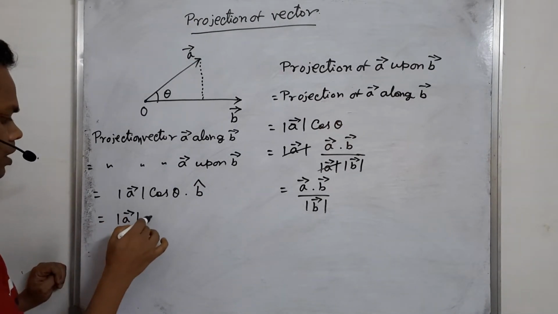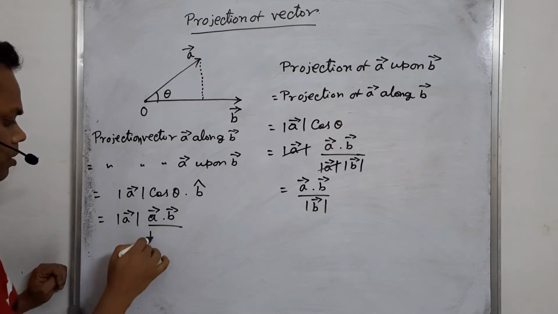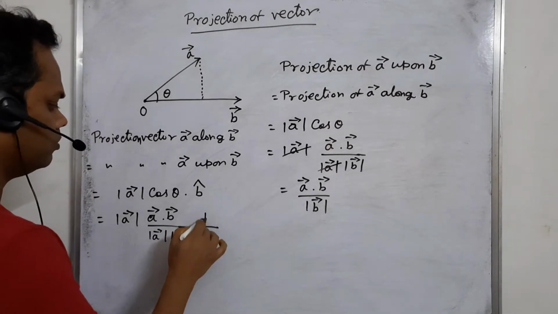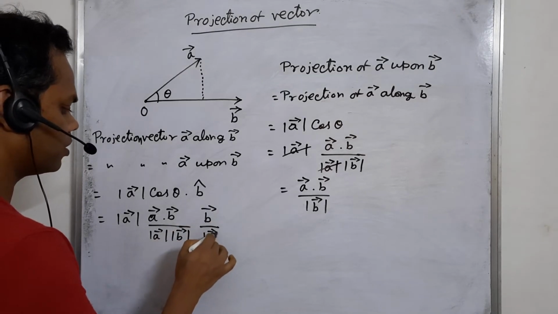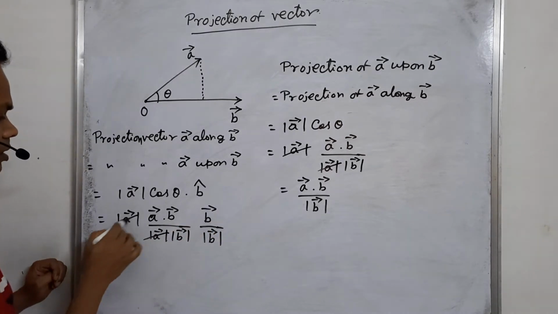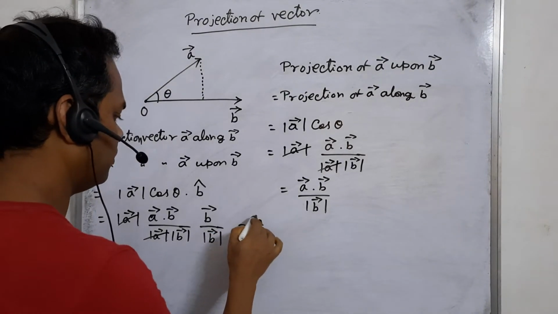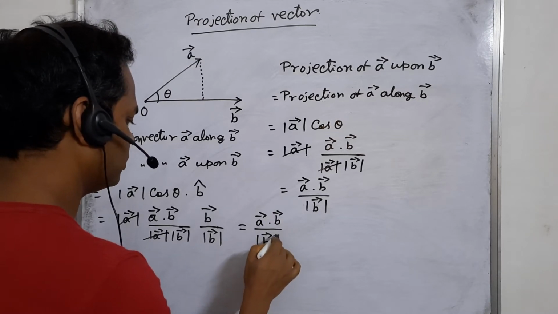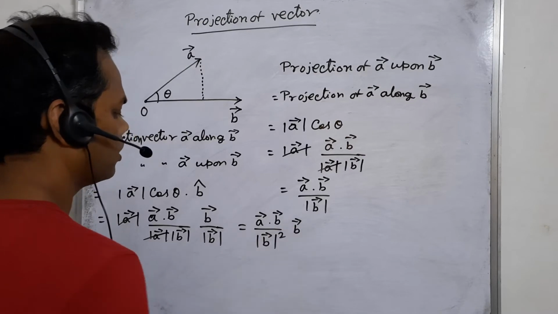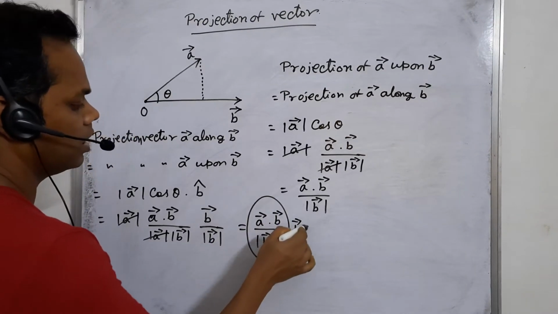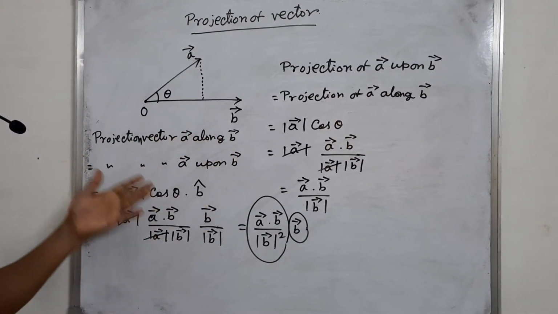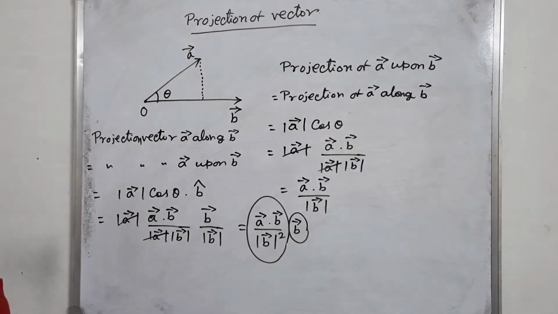So b cap times modulus of a cos theta, where cos theta is a vector dot b vector by modulus of a vector by modulus of b vector, and b cap is b vector by modulus of b vector. By cancellation of these two, we get a vector dot b vector by modulus of b vector square into b vector. Here the first part is scalar and this is the vector part of the projection vector of a along b, or projection vector of a upon b, whatever you call it.